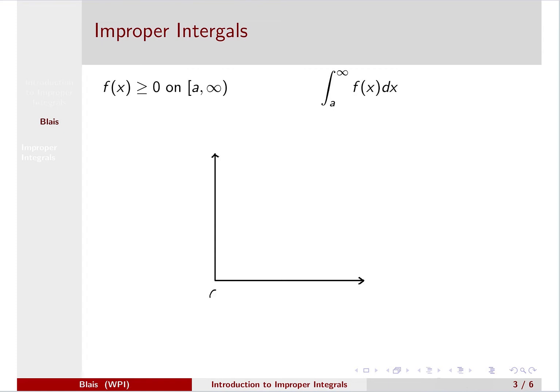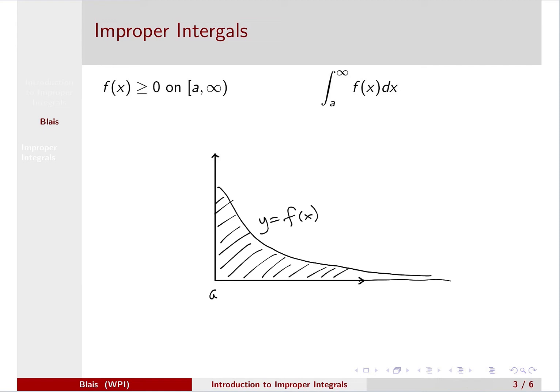So now if we're here at a, and our function looks something like this, we now want to know what's that area below the curve, below the graph of the curve y equals f of x over the infinitely wide interval a to infinity.